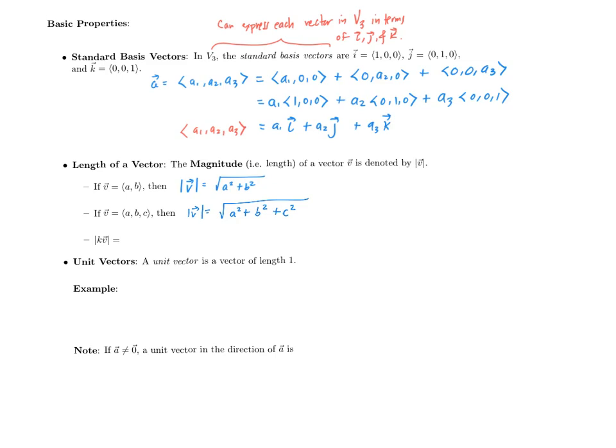And the other property I want to note here is if you want to find the length of a scalar multiple, we can go back to exactly what we said in our first video. We take the absolute value of that scalar and we multiply it by the length or the magnitude of the vector.